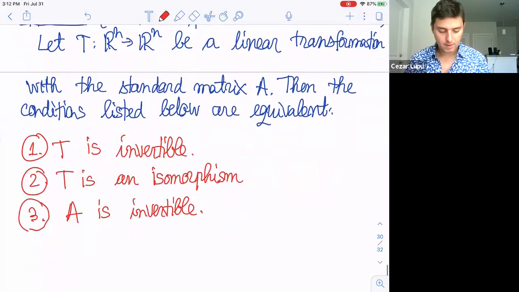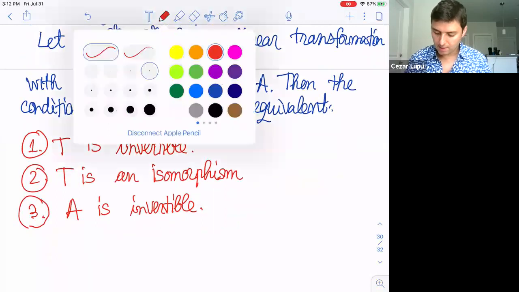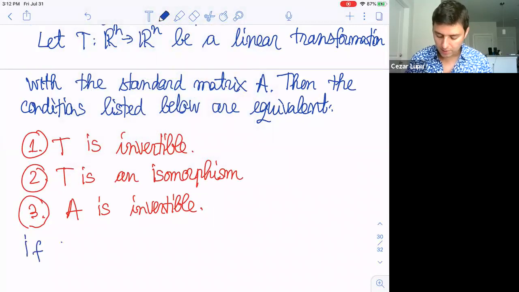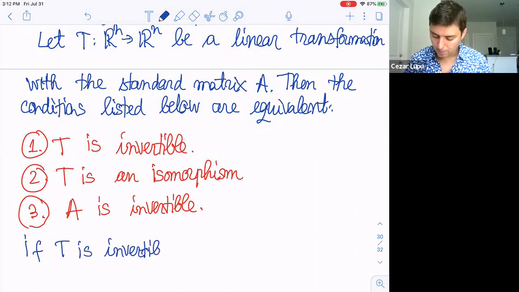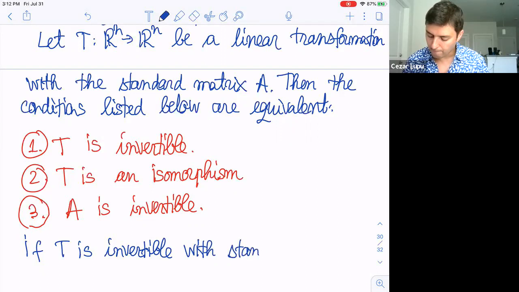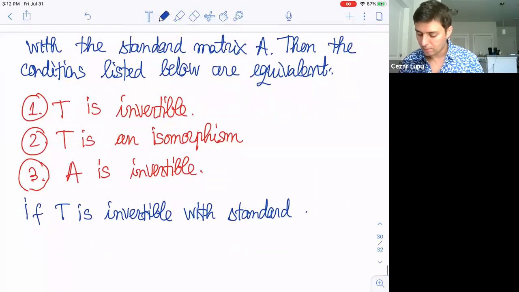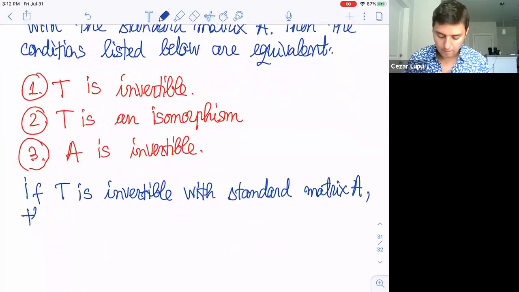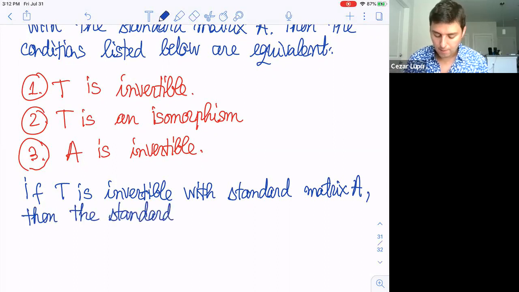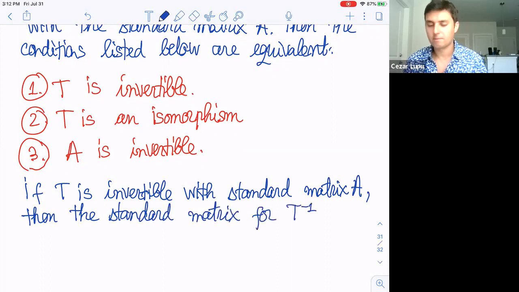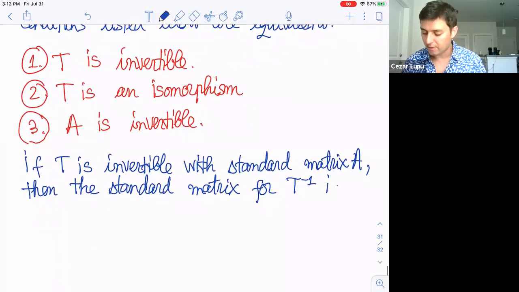And if T is invertible, with standard matrix A, then the standard matrix for T inverse, guess what, is nothing else, it is A inverse.